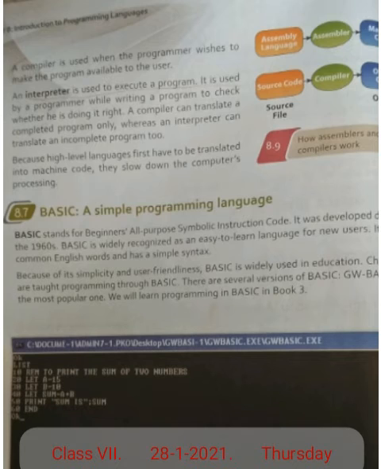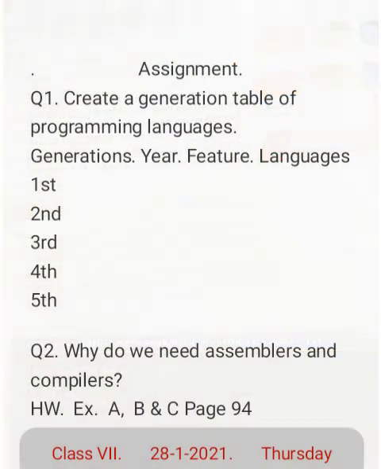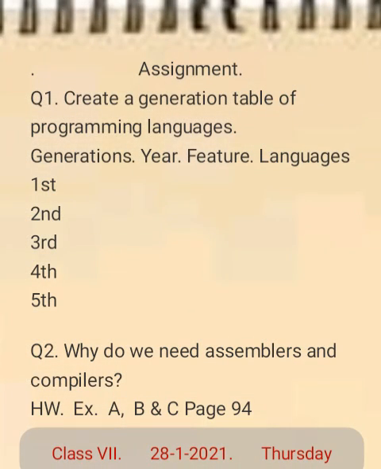Now I am giving you a question that you have to do in your exercise book. Your question number one is, first you have to draw a table that shows the generations of programming languages. You have to write the name of the generation, its year, its feature, and the name of the language that is used in these generations: first, second, third, fourth, and fifth.